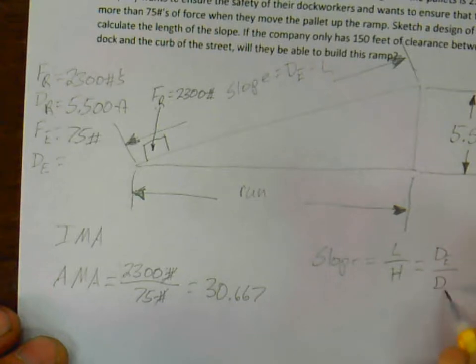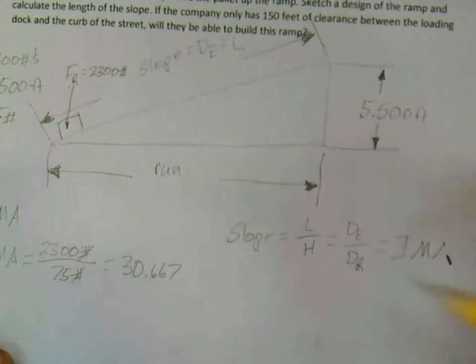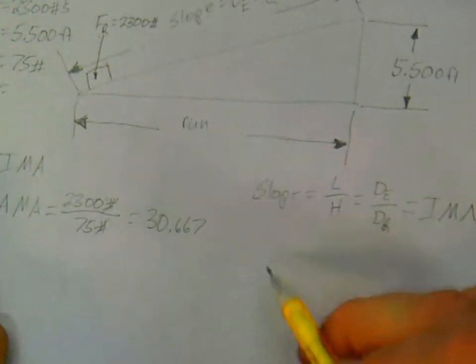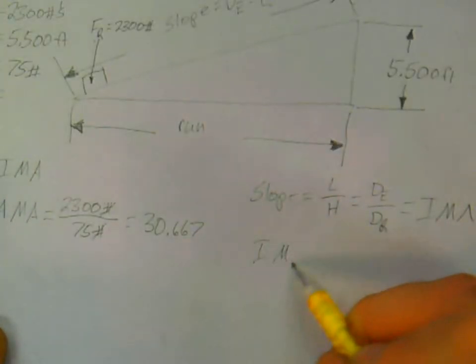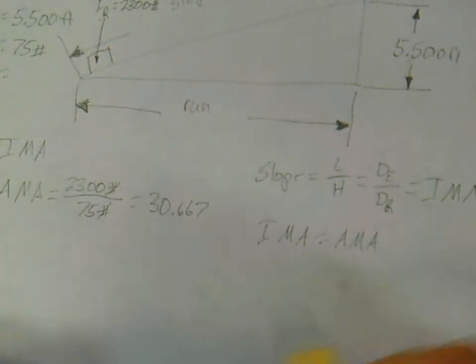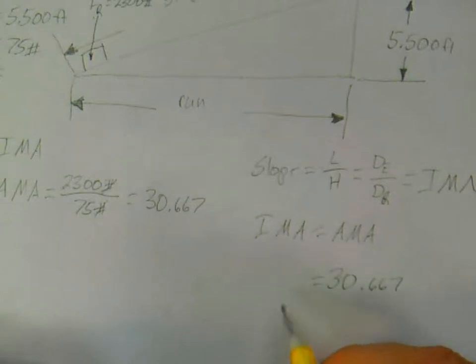And if we are using static equilibrium here, we can then set IMA equal to AMA. We've already calculated our AMA to be 30.667, so let me substitute the AMA here: 30.667 equals DE over DR. Well, we know DR, but we don't know DE, so this equation goes DE over DR, which is 5.5 feet. Alright?